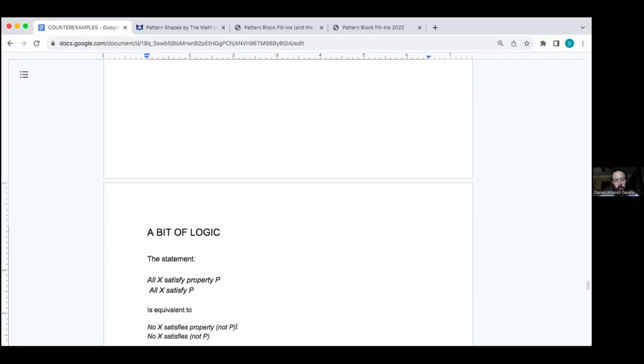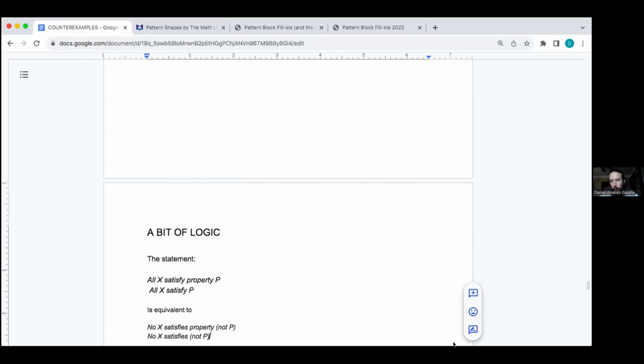By not P I mean the opposite of property P. So the statement all flowers are red is the same as no flower is not red. Okay, I'm just going to write that in the chat: that all flowers are red is the same as no flower is not red.